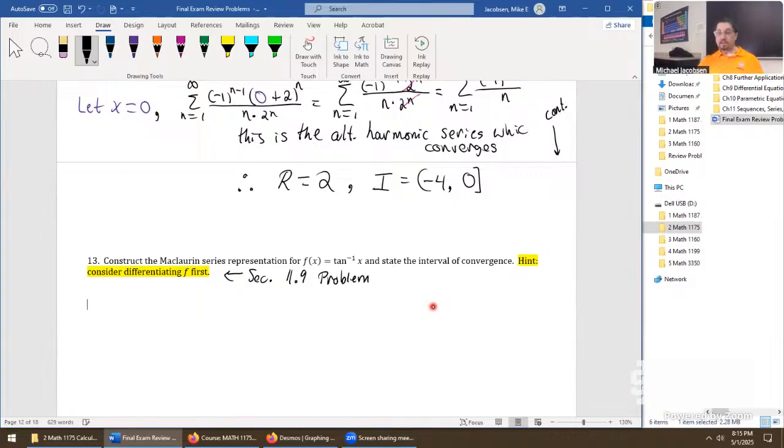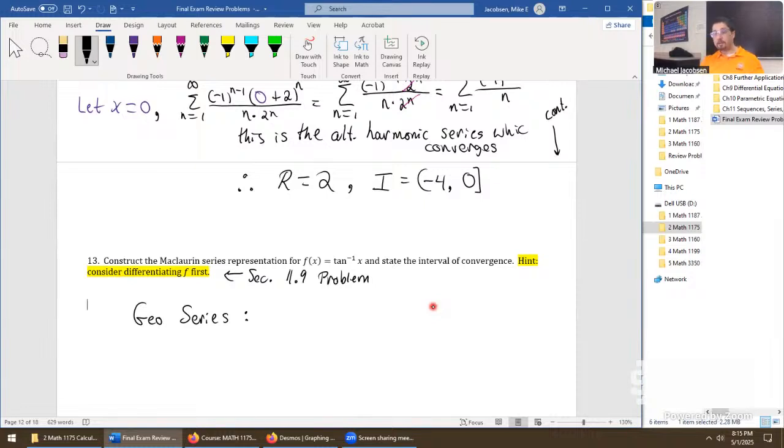And for the section 11.9 problem, here's the tool we used: the geometric series. It can be expressed in a lot of different ways. If we're testing an ordinary series, like in section 11.2, we have it written with a times r to the power n minus 1.